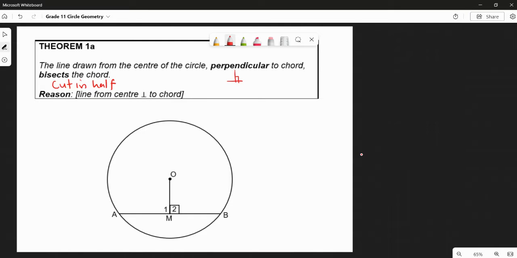So if a line from the center is perpendicular to the chord, that means it divides the chord into equal parts. Then AM must be equal to MB.